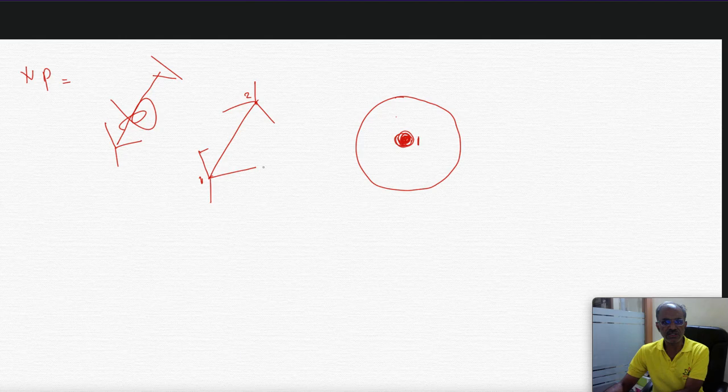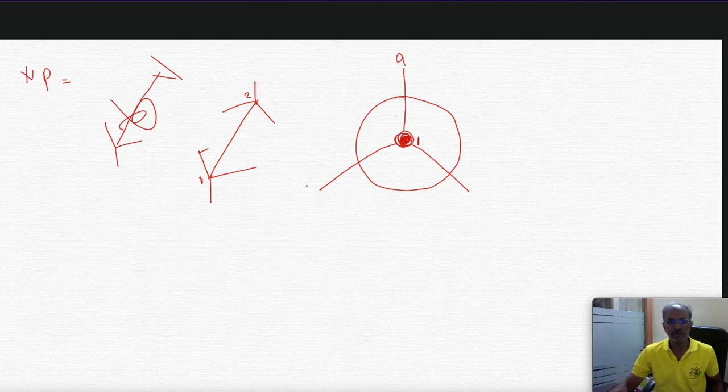And 3 bonds are there, like that, and then like that. I will see 3 bonds. Fine. One will be A, the other will be B, and the other will be C. Right?